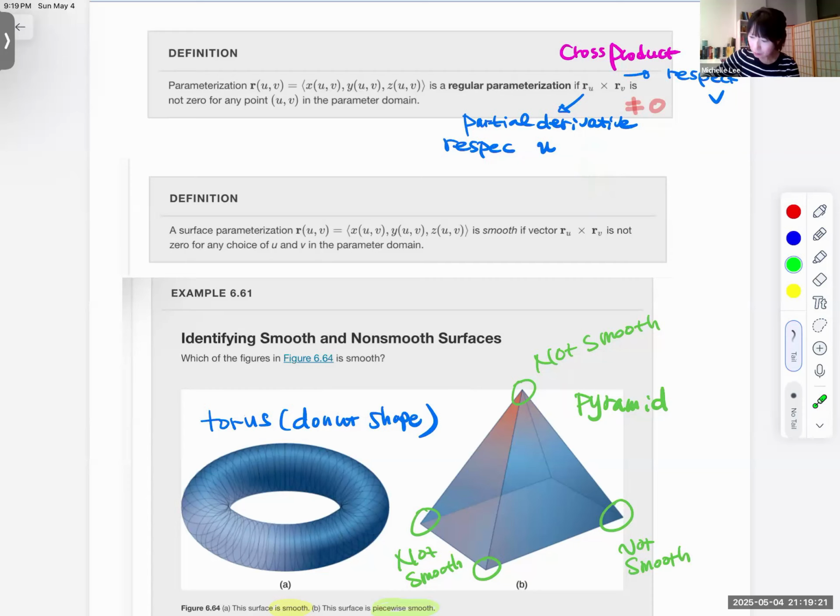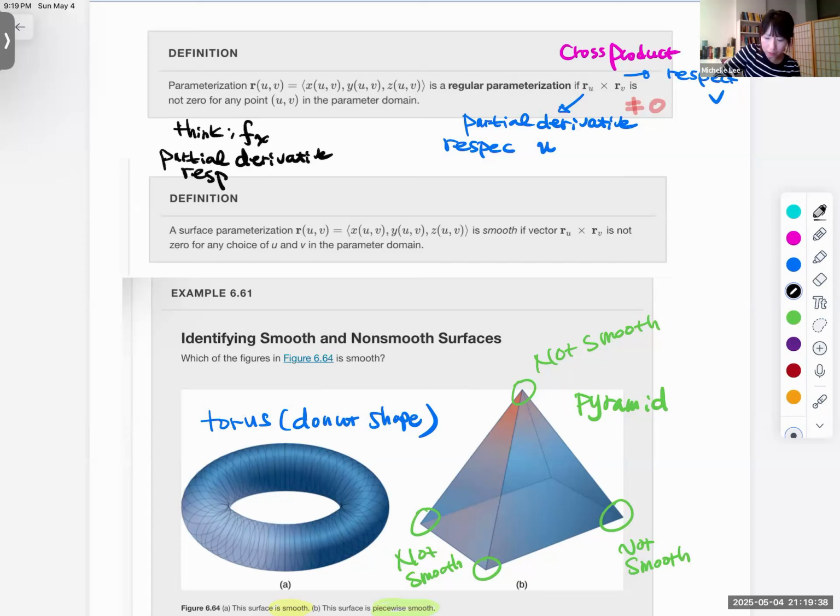So let me write down, think f sub x, partial derivative with respect to x, and then we have f sub y, partial derivative with respect to y, and so on, right?